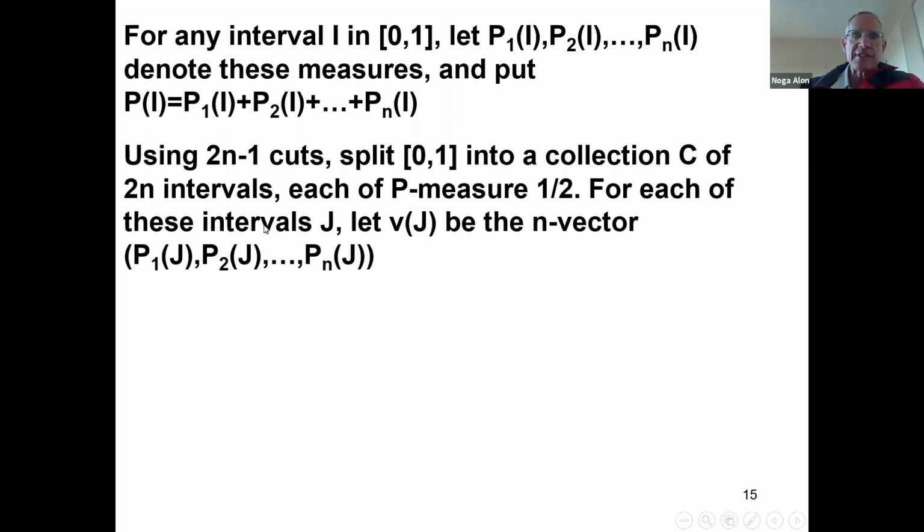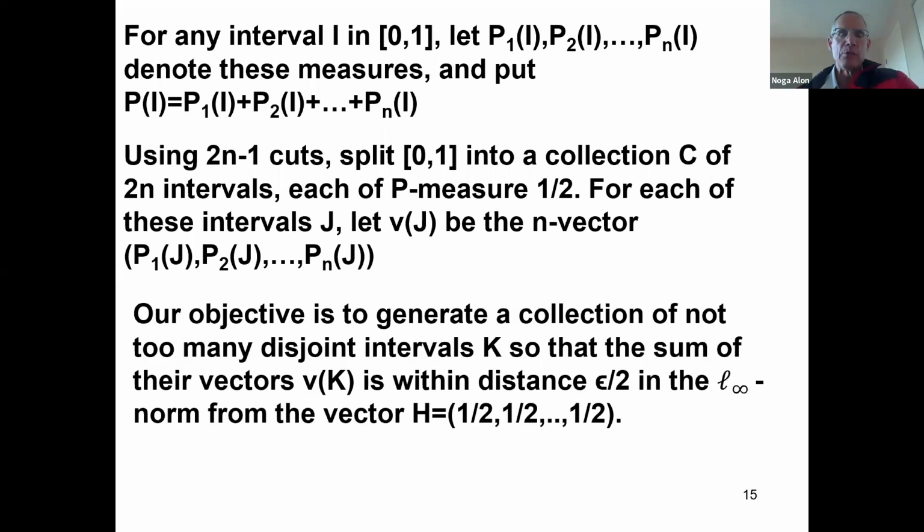For each small interval j, we denote by vj the vector of length n which gives the measure of j according to each of the n measures. So this is a vector. And what we really want to do is find a collection of not too many disjoint intervals. This is what thief number 1 will get.